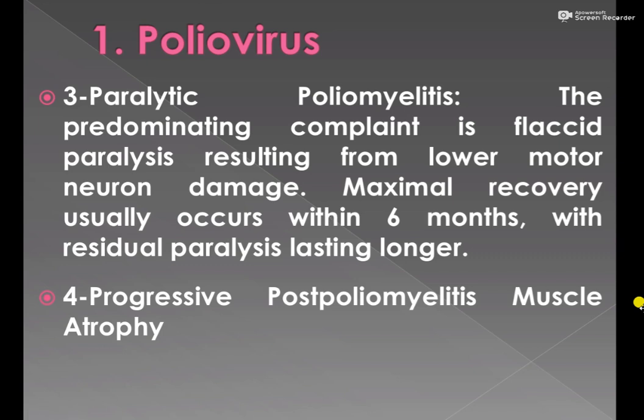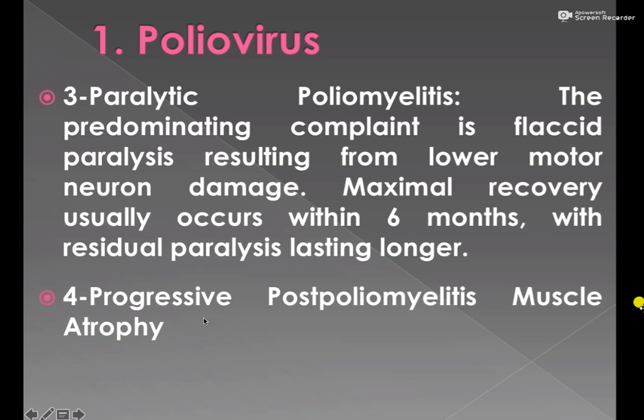If there is no recovery within 6 months, there will be permanent damage and residual paralysis lasting longer. So the least common but most important and most severe is paralytic poliomyelitis. To summarize: first mild febrile illness, second aseptic meningitis, and third paralytic poliomyelitis.